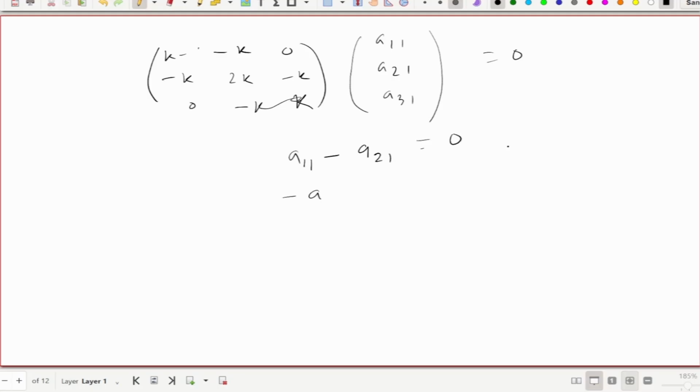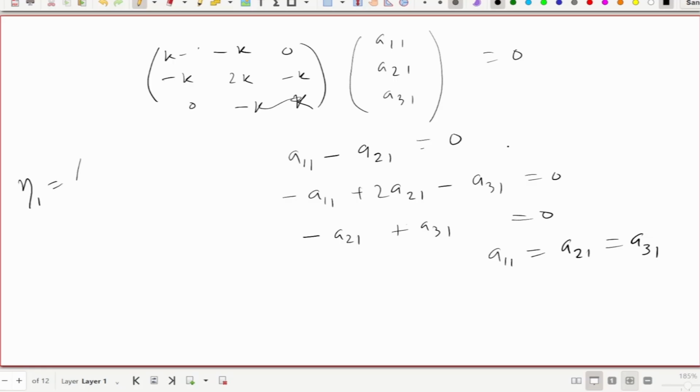Second relation will be minus a 1 1 plus 2 a 2 1 minus a 3 1 equal to 0, and then minus a 2 1 plus a 3 1 equal to 0. So, if you solve these equations, you will find a 1 1 equal to a 2 1 equal to a 3 1. So, all are equal.